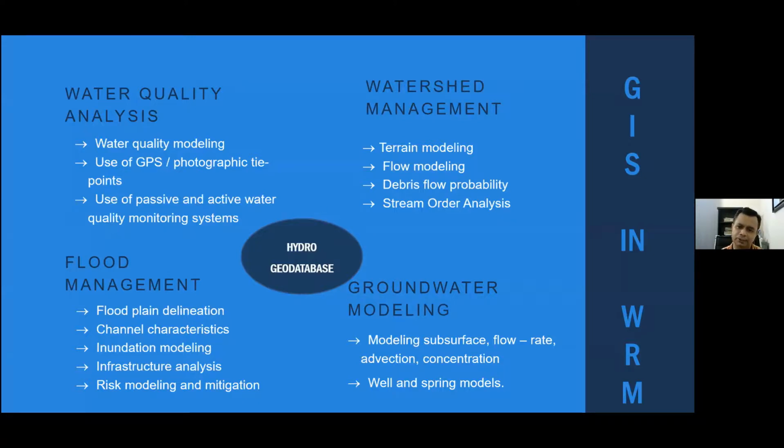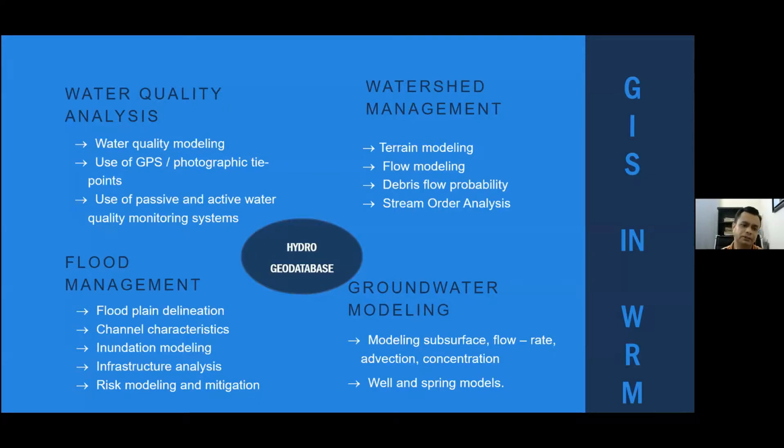For example, we can think about water quality analysis. For water quality analysis, we can do a lot of things in a GIS platform. For example, we can model water quality. That means we can assess and model water quality of the rivers or the lakes, or areas where we can find available water.